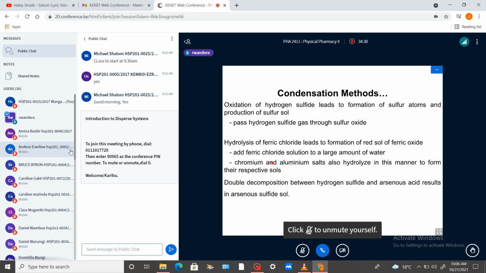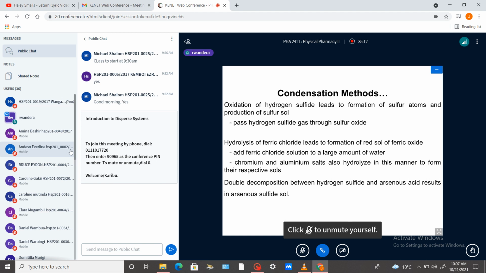You can also have chromium and aluminium salts being hydrolyzed in water to form their respective sols. Now, last but not least, you also have double decomposition between hydrogen sulfide and arsenious acid, resulting in the formation of arsenious sulfide sol. So that's how you can prepare your lyophobic colloidal versions.